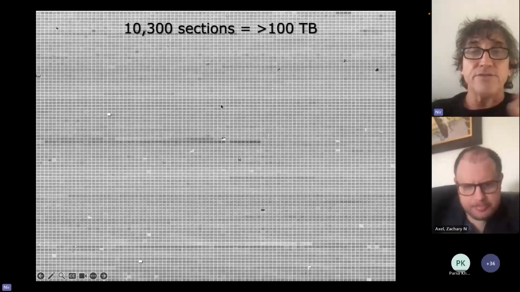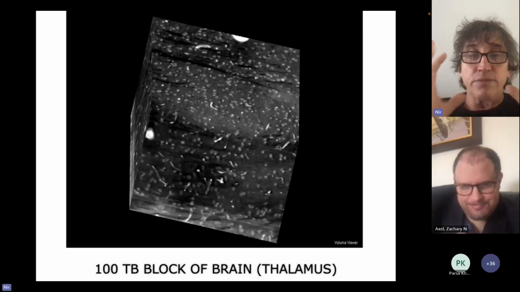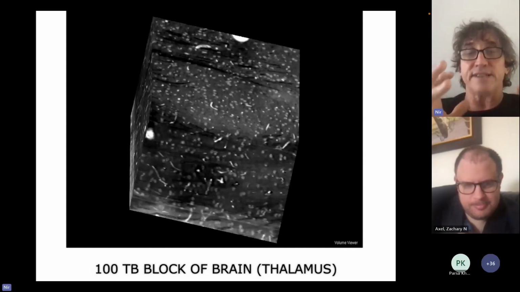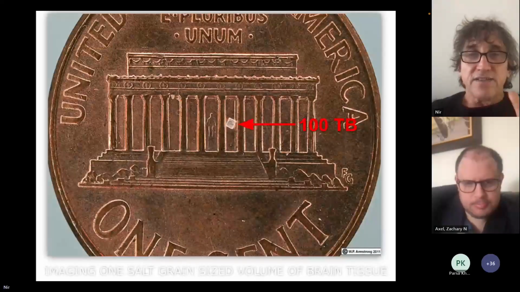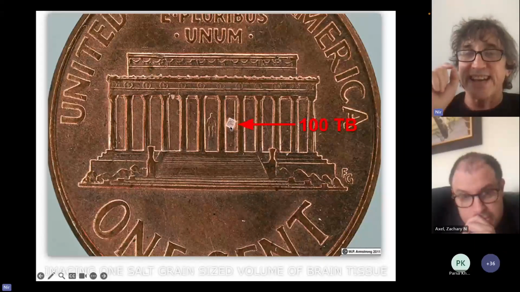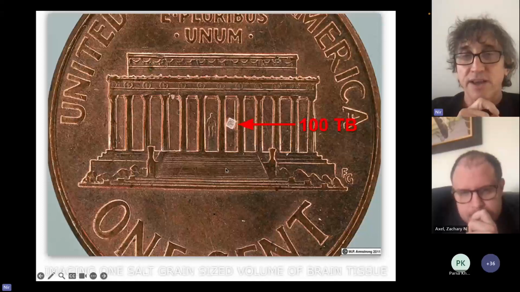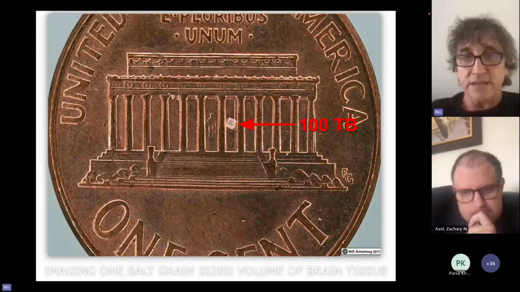Okay, and so this is about 100 terabytes. And if I look at them all together, I would have a block of a piece of the thalamus of a mouse. Just so you get an idea, this is a penny, and this is what this piece looks like. So it's like a grain of salt. We've taken a grain of salt and we cut it 10,000 times.